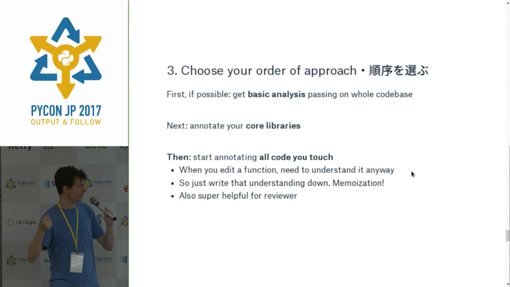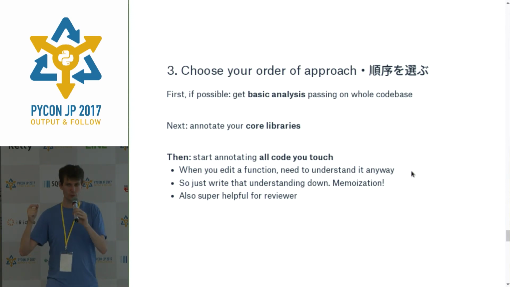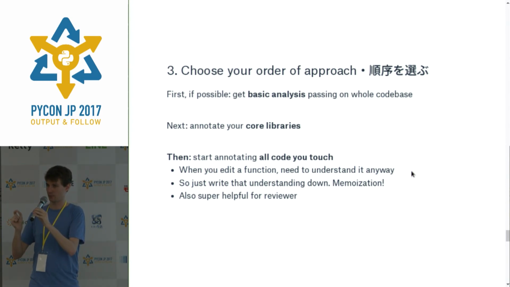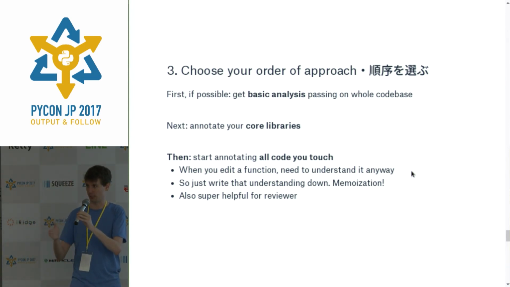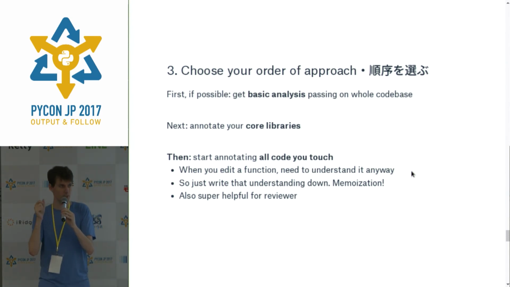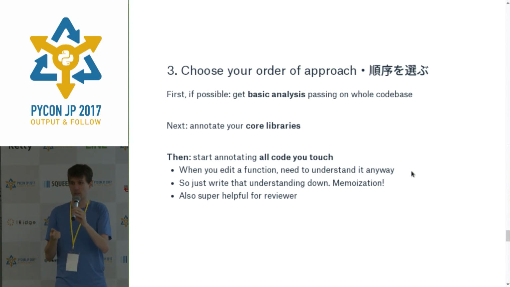And if you think about it, this shouldn't really add much work at all, because if you're touching this code, you should understand it first. If you don't, you really should already be spending some time figuring it out. And if you understand it, you have some idea of what you expect the types to be. And so that understanding is really just what the annotations are.